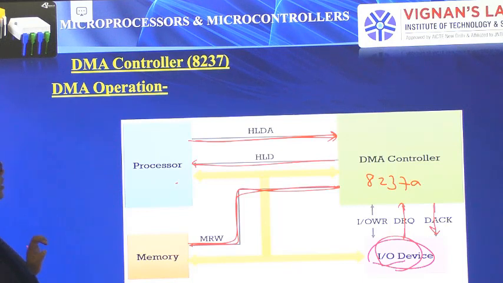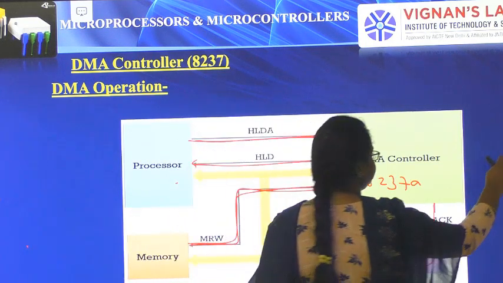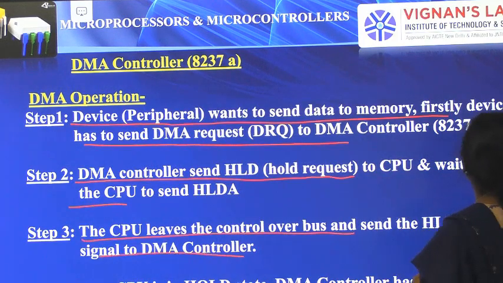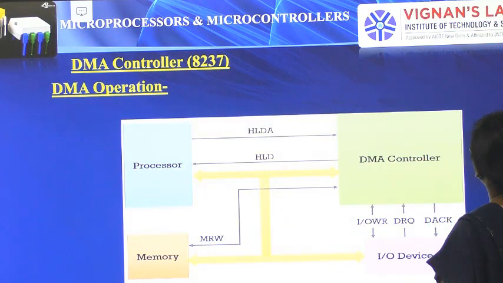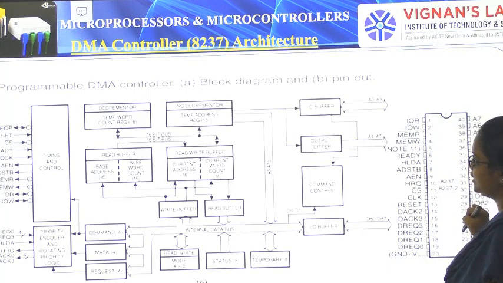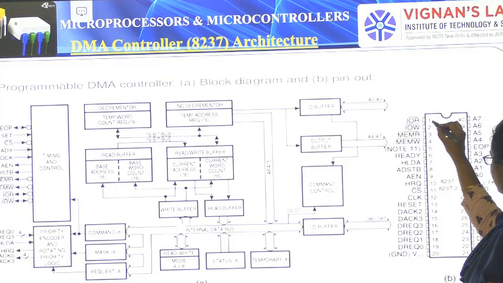Also these are the steps, and this is the DMA controller block diagram. We have pins from 1 to 40.